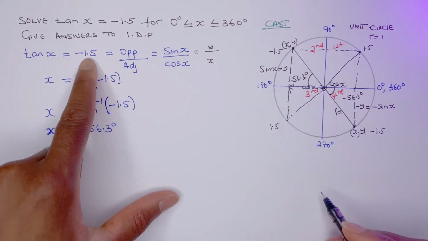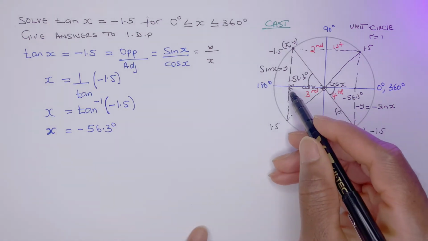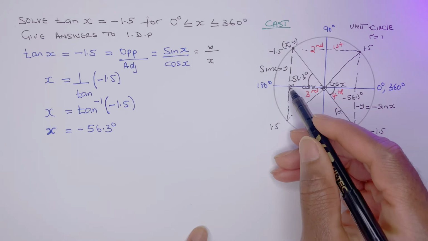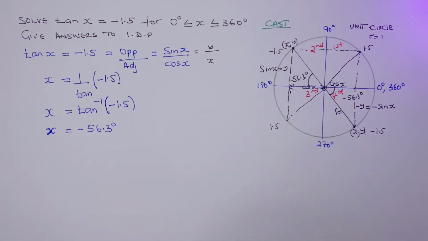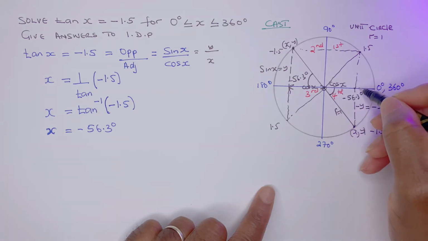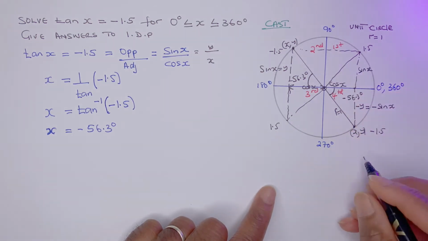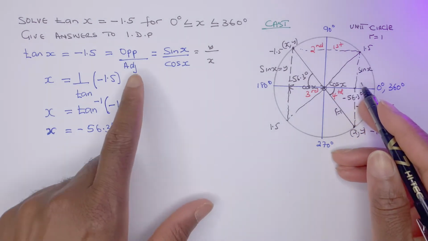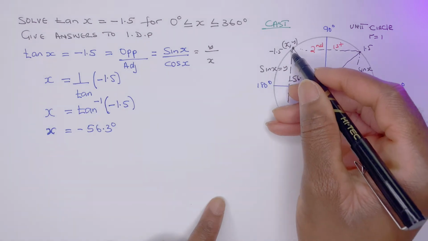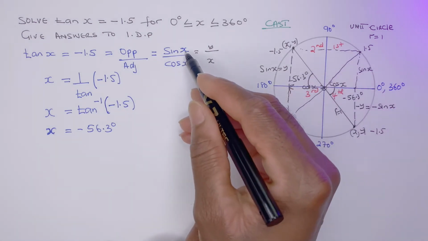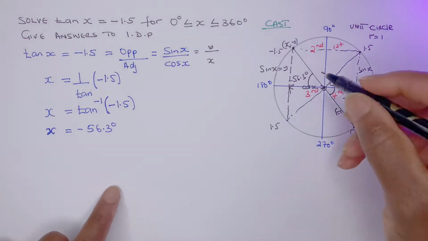That's what the question is saying, because minus cos and minus sine will be plus tan. Here will be plus cos plus sine, so that's sine x, and that will be plus tan, so we don't want that. Here is minus cos plus sine, so sine plus over minus will be minus. So that's why we're looking for these two angles.